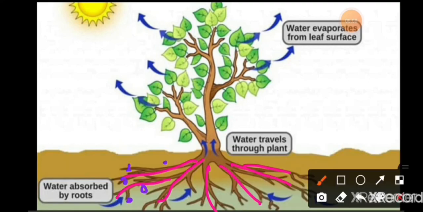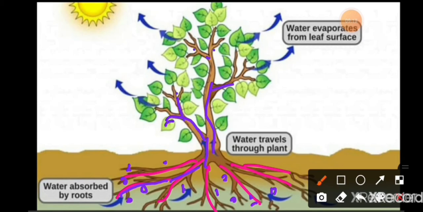These are the water and minerals. They pass them to the different parts of the plant, like the branches, leaves, flowers, fruits, etc.